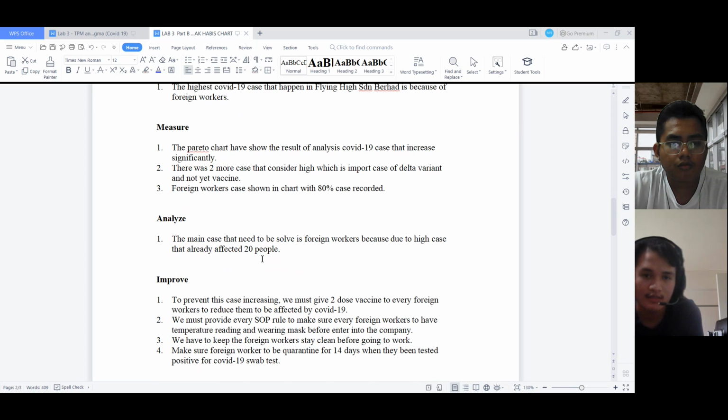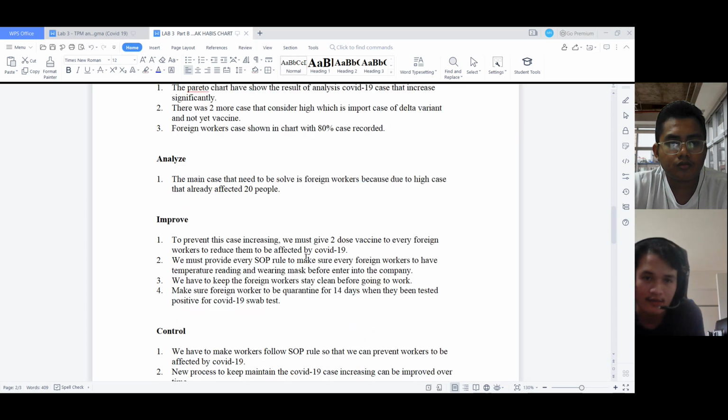Analyze: the main cause that needs to be solved is foreign workers, because the high number of cases has already affected 20 people. So the way to improve it is to prevent these cases from increasing. We must give two doses of vaccine to every foreign worker to reduce their chance of being affected by COVID-19.